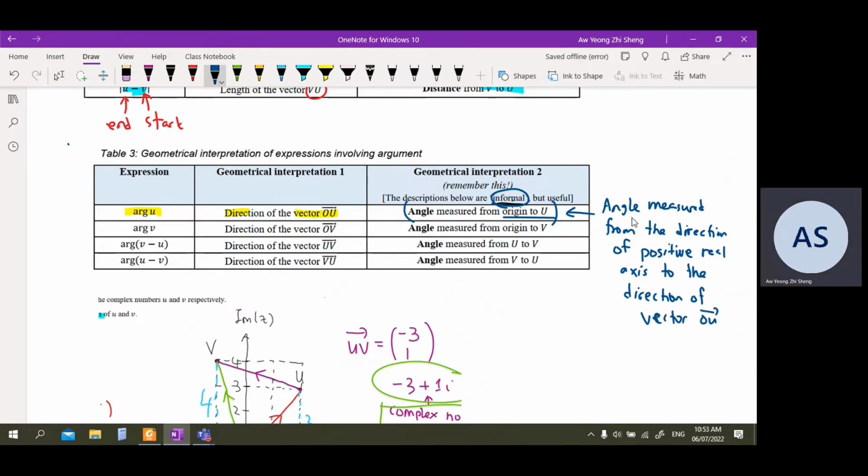The formal or complete description is this sentence that I'm writing in blue color. But in short, it's easier to just informally call it angle measured from origin to u.